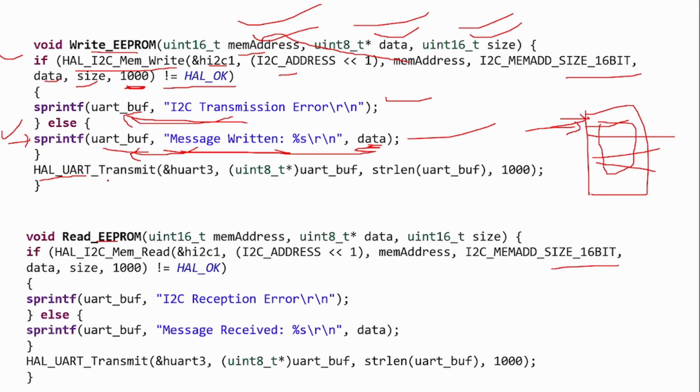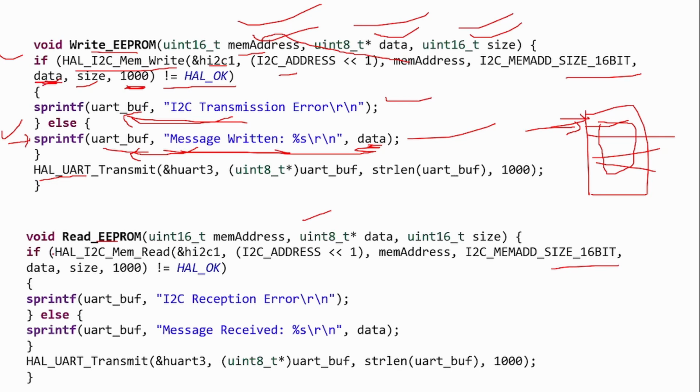So if the operation is successful, then UART will display message written, then your message, and upon unsuccessful, it will simply print I2C transmission error. Same way in read, you can see the arguments are the same, but this time we have the HAL I2C mem read function. Again here the same 7 arguments are there, but this time we will not pass anything in the data.